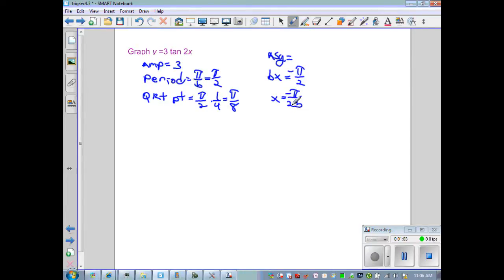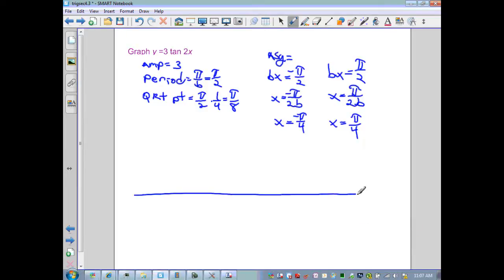And our other asymptote is bx equals pi over 2, solving for x. We know that this is going to give us pi over 2b. Substituting in for b, that will give us x equal to a negative pi over 2 times 2 is a negative pi fourths. And on the other one, x equals a positive pi fourths.